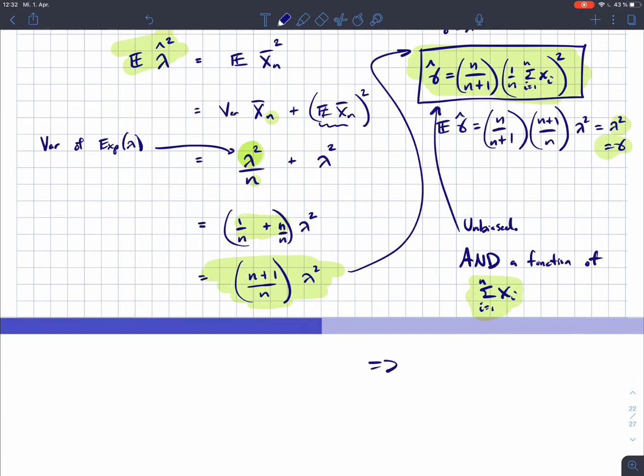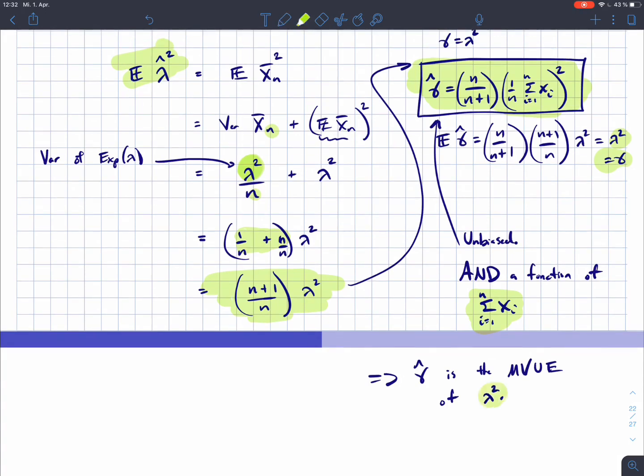So I can write this estimator is the minimum variance unbiased estimator of lambda squared. It means if I'm interested in estimating lambda squared, then among all possible estimators of lambda squared which are unbiased, this one that we just derived has the smallest possible variance. So if I'm going to go with any unbiased estimator, I should definitely go with this one.